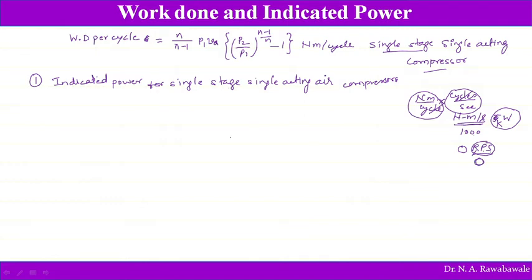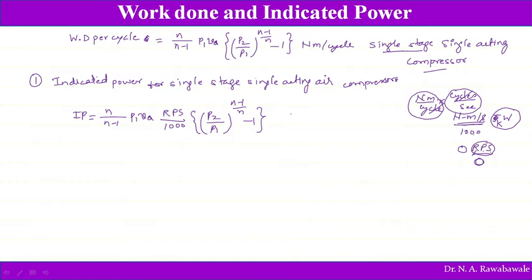So now this indicated power is given by N divided by N minus 1 P1 VA. Now we will multiply it by revolutions per second RPS and divide it by 1000, and then we will rewrite this bracket as it is P2 divided by P1 to the power of N minus 1 divided by N, minus 1.